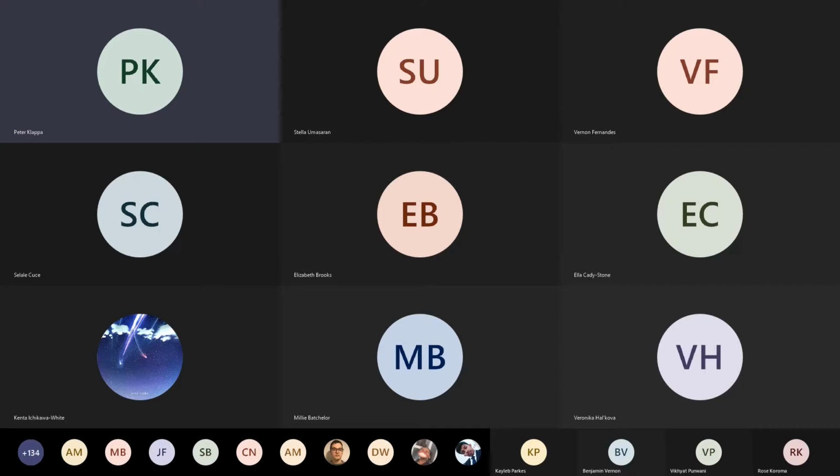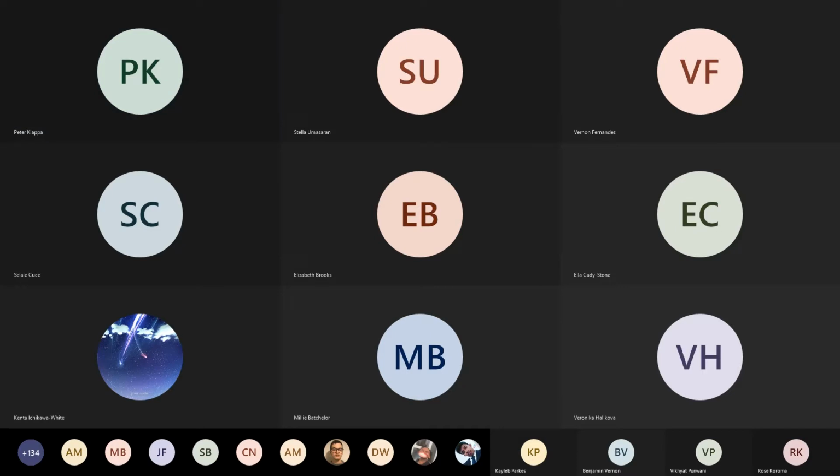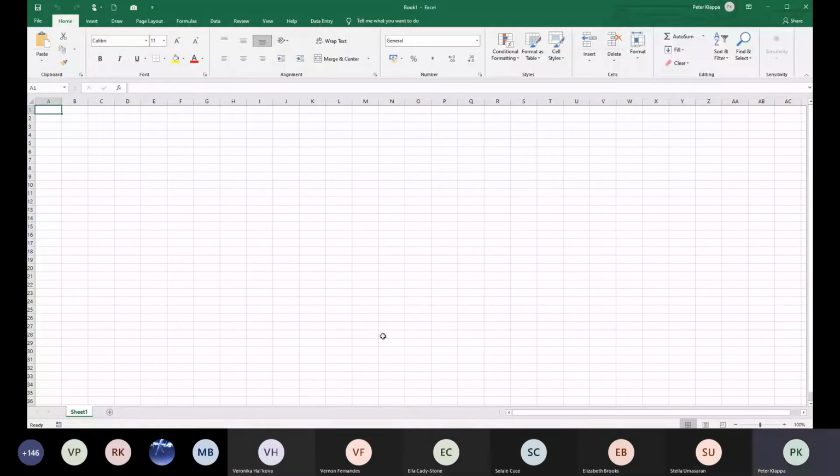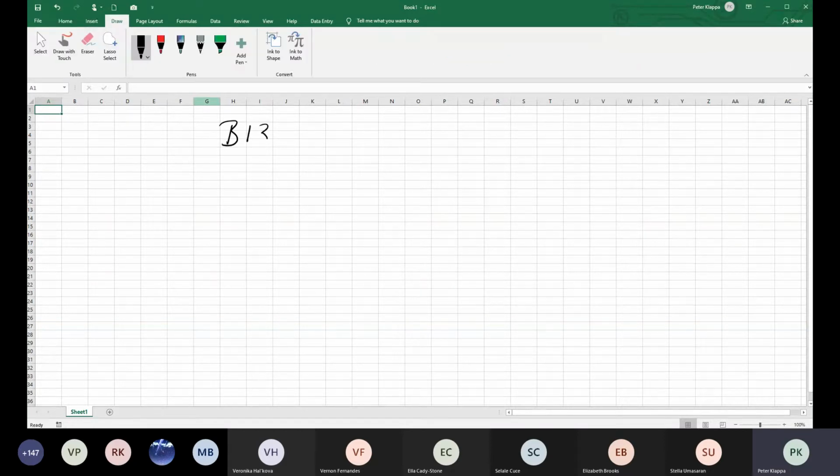Let me see. Okay, book 1 Excel. Now, can you see it now? Ah, okay, screen is back. So, BI301. Can you see what I'm writing? BI301. Can you see BI301?